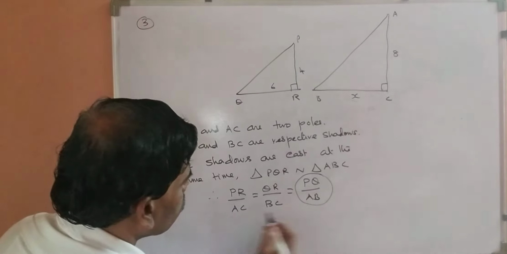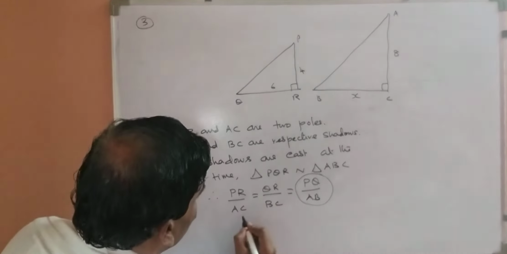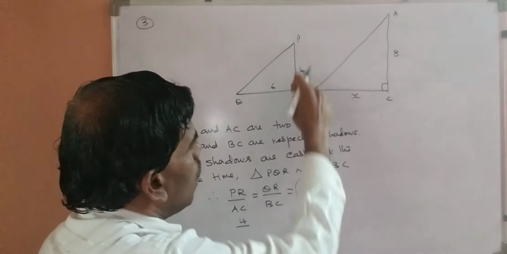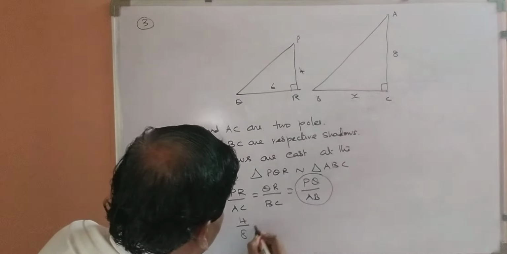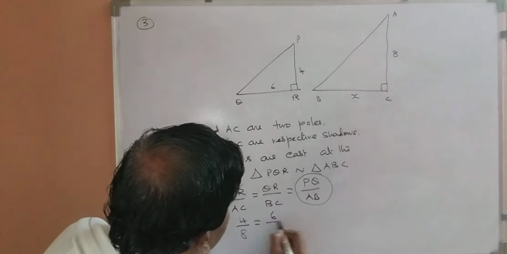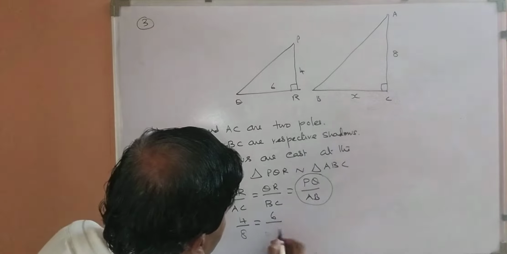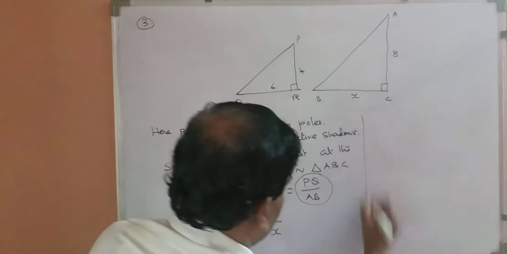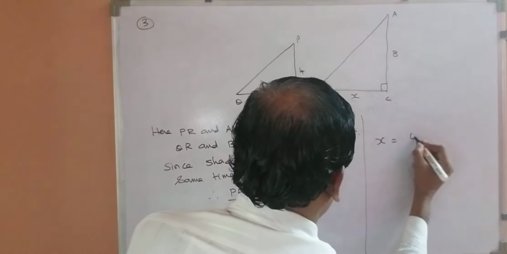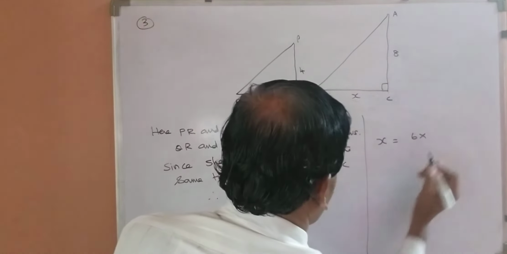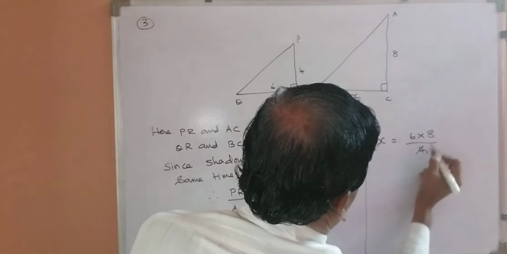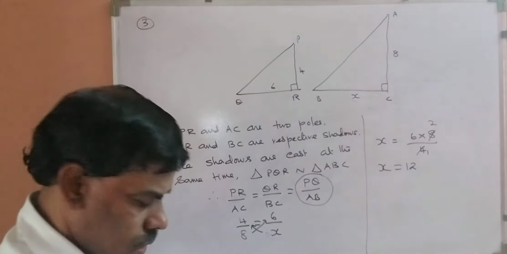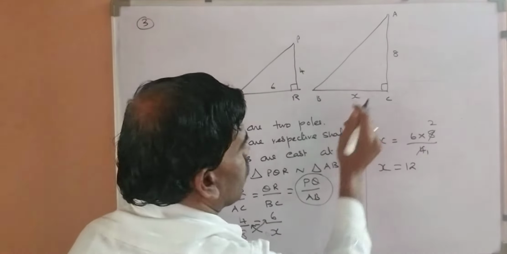Now what is PR? PR is 4. You substitute the values. Similarly, corresponding to PR, what is there? 8. QR is 6. This is X. So you take X here. Therefore, X equal to 6 into 8 upon 4, so 12. So what is X actually?